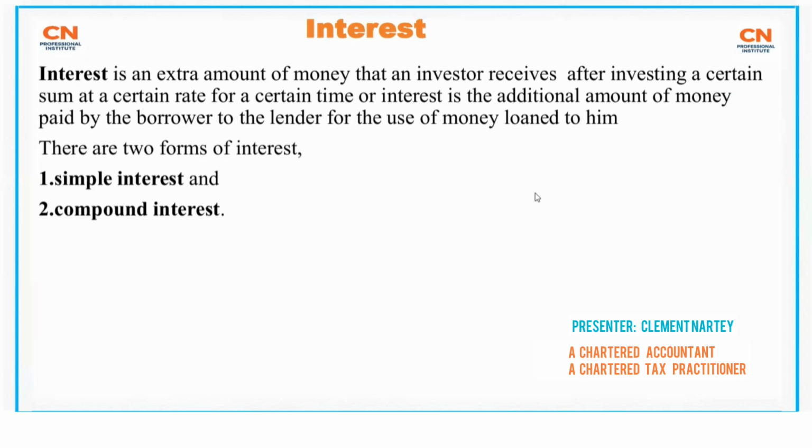So interest is either paid or received. All right. So that's what interest is. So when we talk of interest, it's two sides: either interest received or interest paid, depending on whether you are investing or you are borrowing. If you invest, you receive interest. If you borrow, you pay interest. All right. So that's interest.